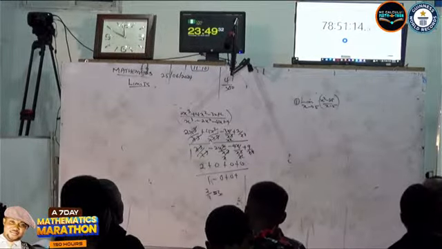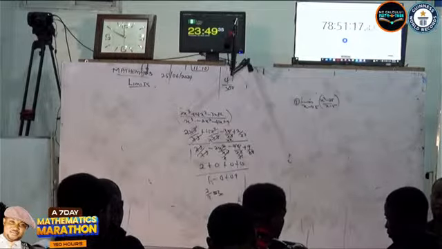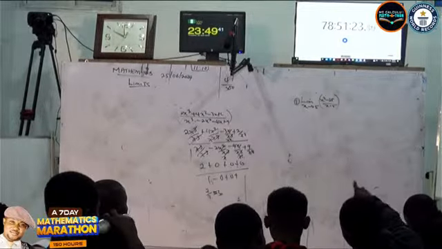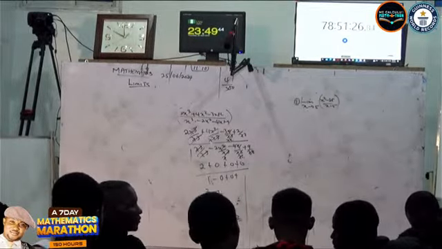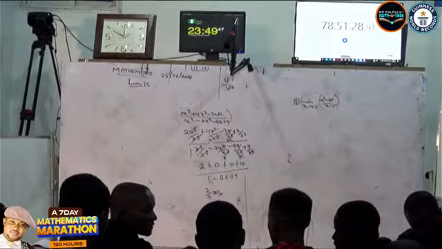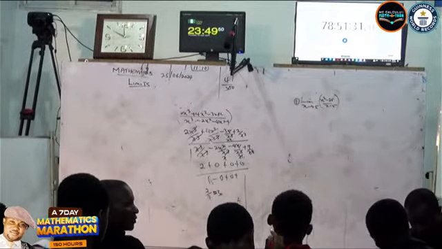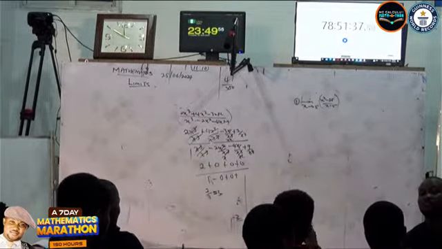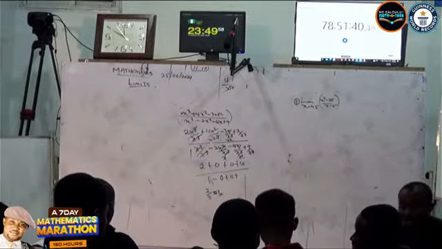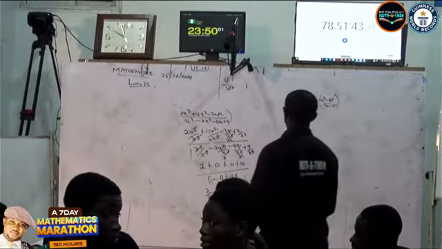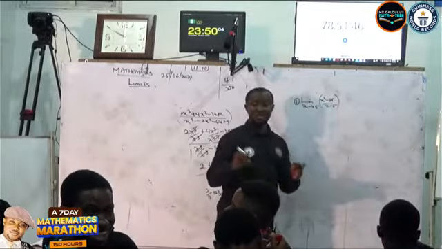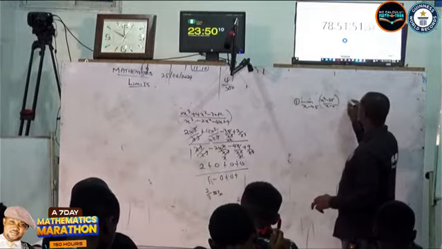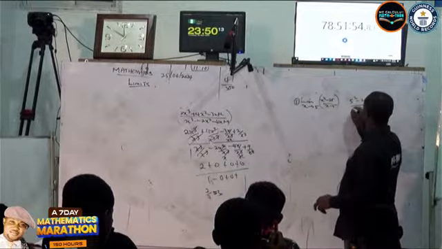0. What do you have? Now, anytime you have a limit, and when you put that value, you put 5 here, you have 5 squared over 25, then you have 5 minus 5.